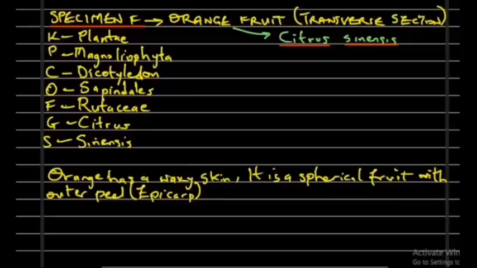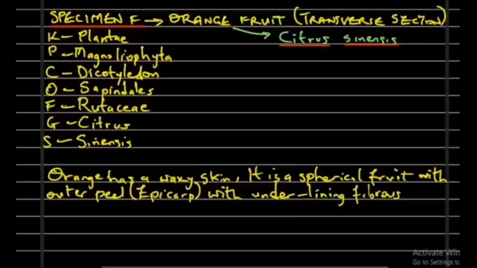With an underlying fibrous layer. This underlying fibrous layer is the part that we refer to as the mesocarp. I will show us all what we are talking about shortly.